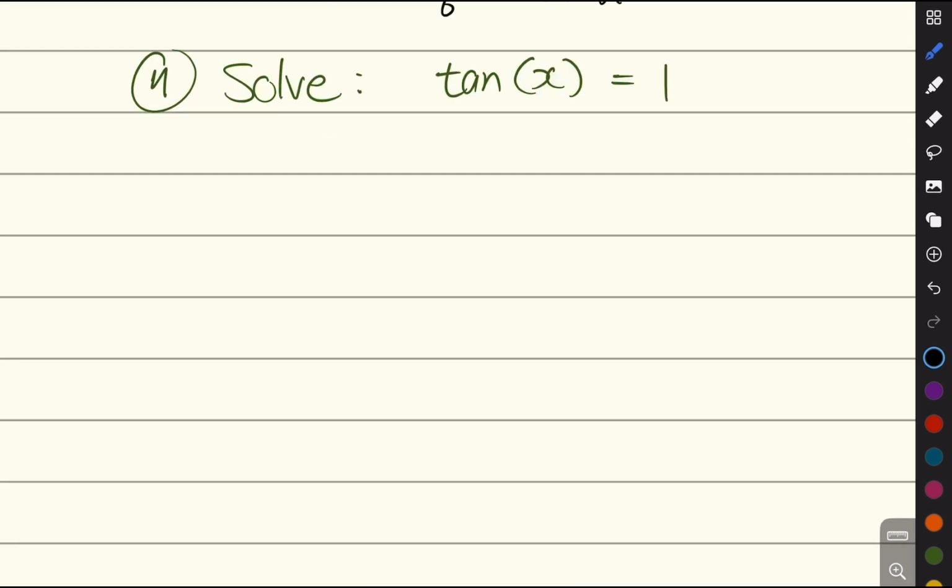In problem number 4, we're asked to solve tangent of x equals 1. And for this problem, we want angles where tangent of x is equal to sine of x over cosine of x.